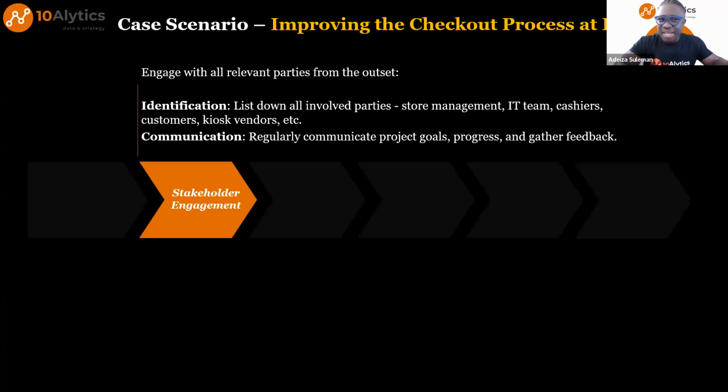So to solving the long queues, to implementing the self-checkout kiosk, who are the key stakeholders involved? The store manager, for example, the IT team, the cashiers, the customers, the kiosk vendors, and so on and so forth. You need to bring all the key stakeholders together.